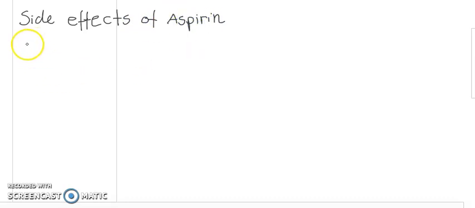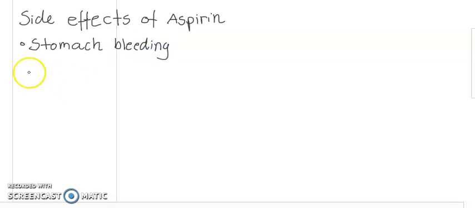The side effect of aspirin is actually stomach bleeding. Stomach bleeding, that is quite common, especially if you use aspirin over a long period of time.